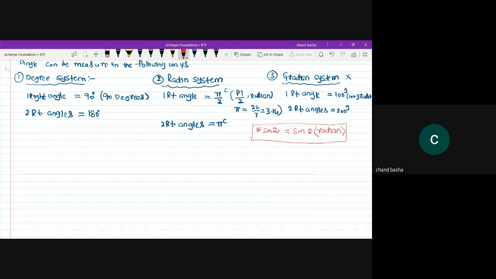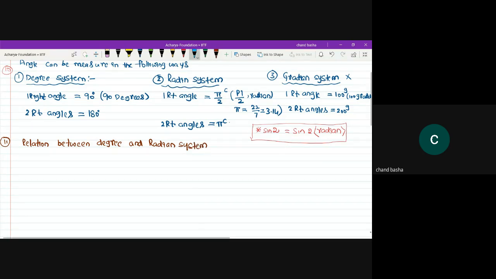Suppose if I consider this as point number 10, the 11th point is the relation between degree and radian system. As I said, the third one is outdated. I don't want to use the last one, the gradient system.